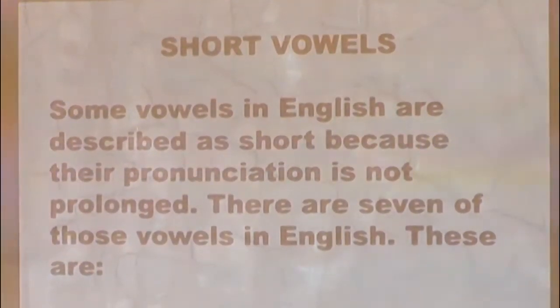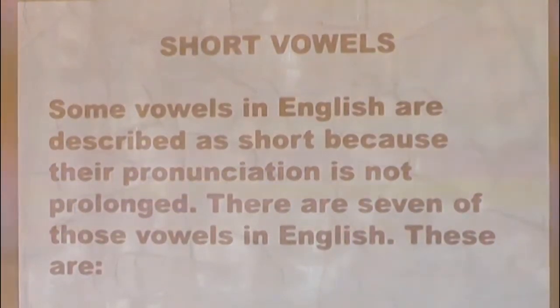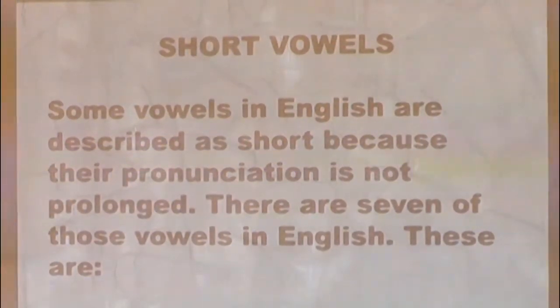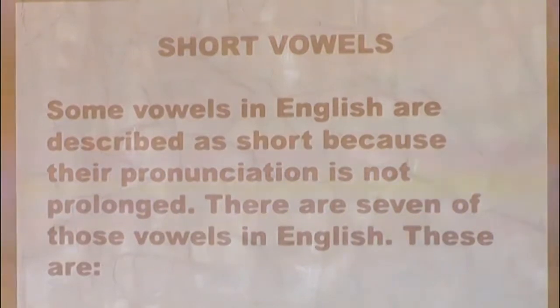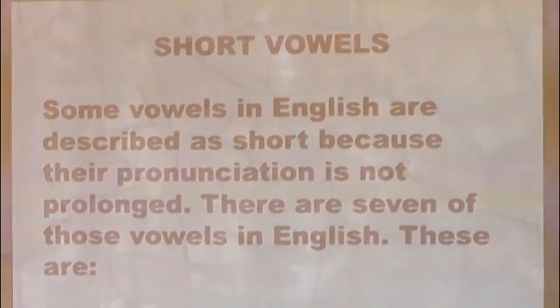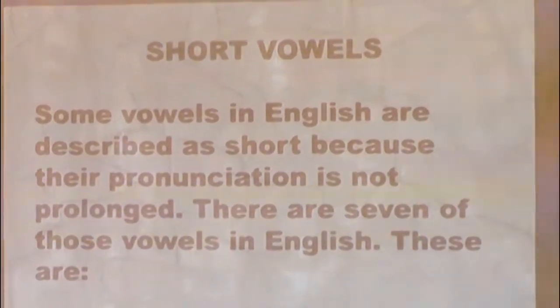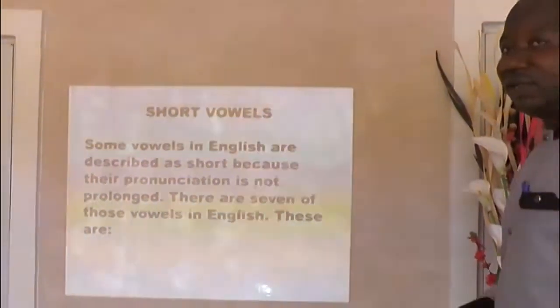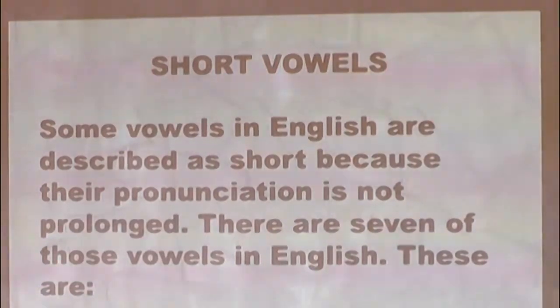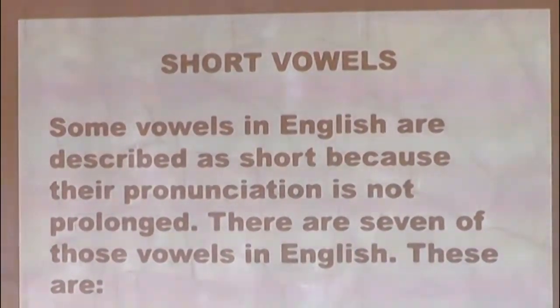That is, when pronouncing a short vowel sound, there is nothing like a prolonged pronunciation. There are 7 of those vowel sounds in English. We shall be taking them one after the other.